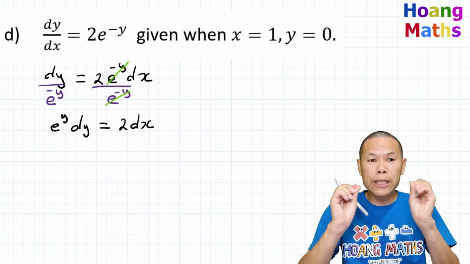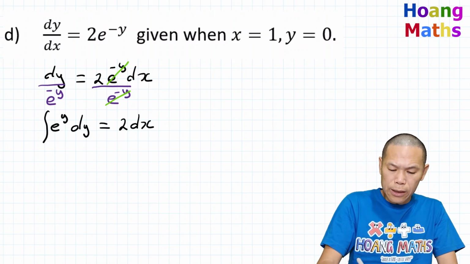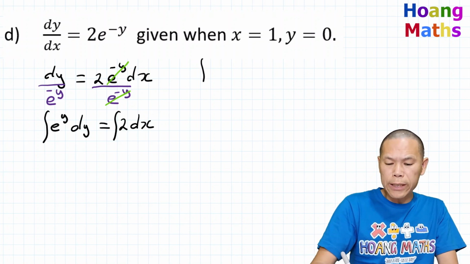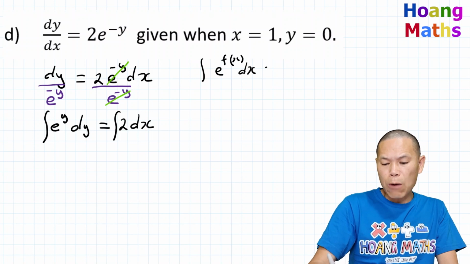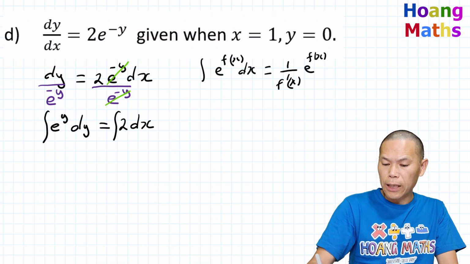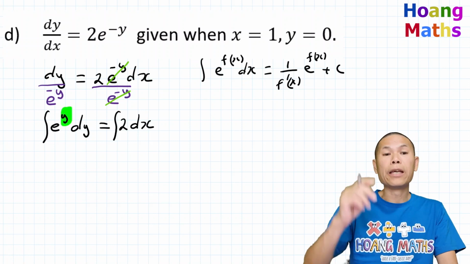Now I just integrate both sides. Remember, if we integrate e to the f of x dx, that will give me 1 over f dash x, e to the f of x, and we add a constant c. Now we differentiate y, which gives me 1.